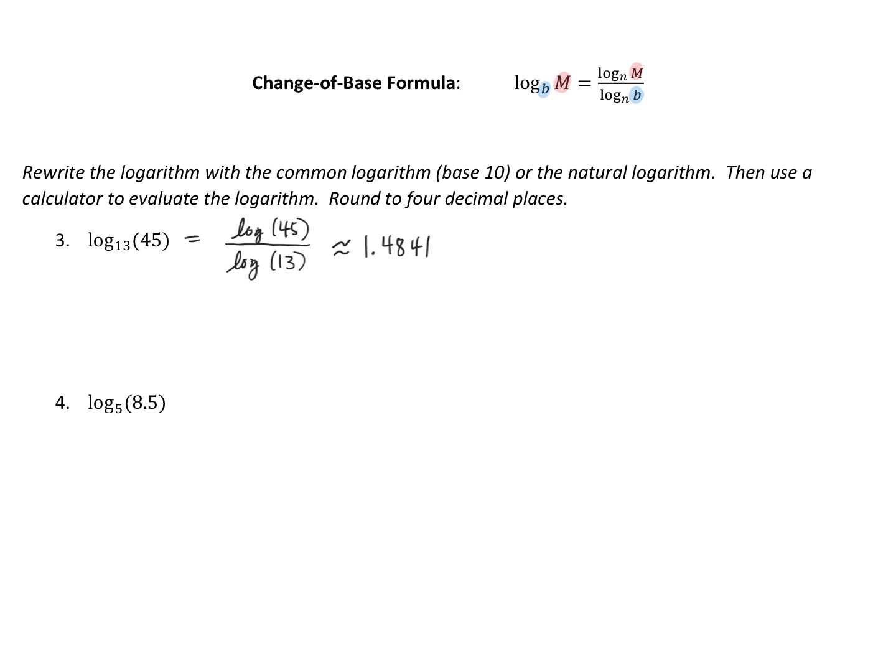The last one that we will look at is log base 5 of 8.5. So same thing as number 3. We're going to see that we don't have a base of 10, so we want to use the change of base theorem. So it will be the log of 8.5 over the log of 5. And if we type that in our calculator and round appropriately, let's see, we will get 1.32.